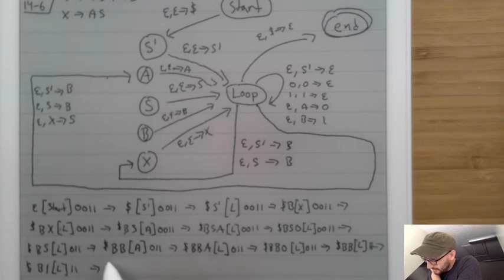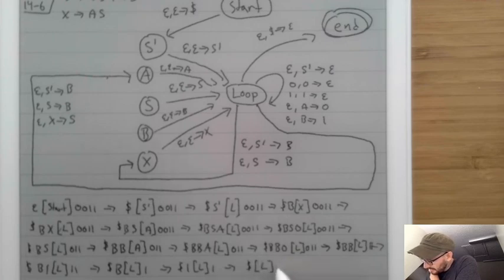That goes to $B L 1. Then we get $1 L 1. Then we get $ L epsilon. Then we get epsilon and epsilon, and then we get a yes.